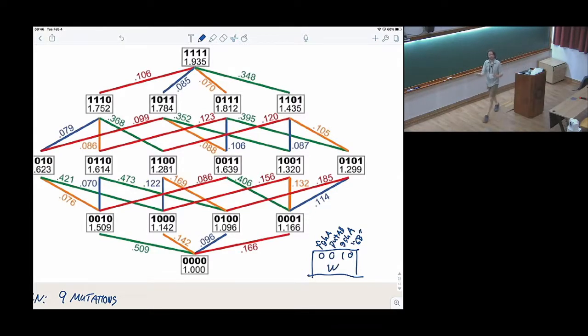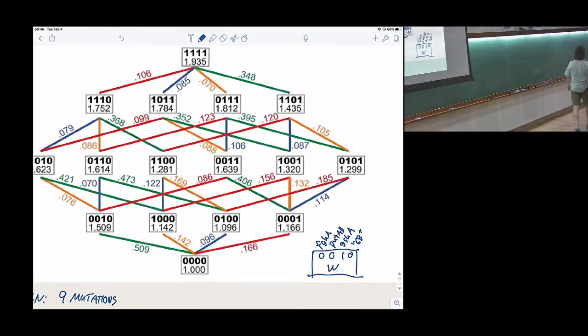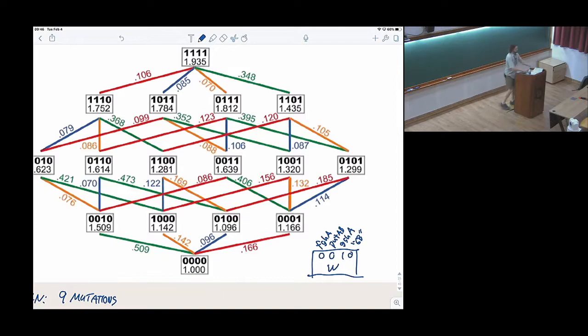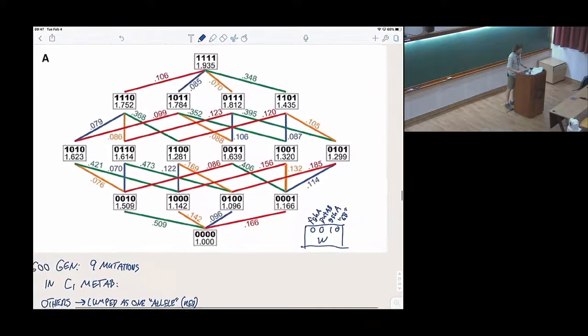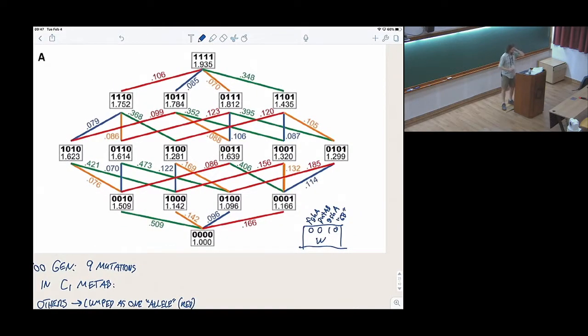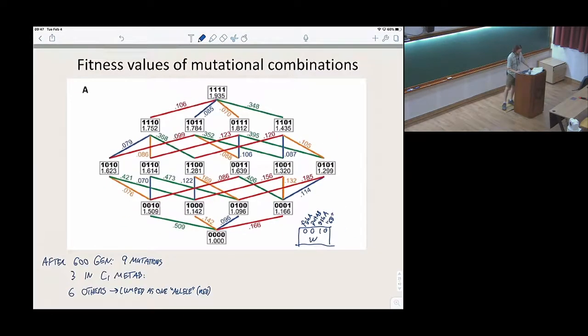Does that make sense? All right, so you can look at these beautiful data. And how is this chart organized?